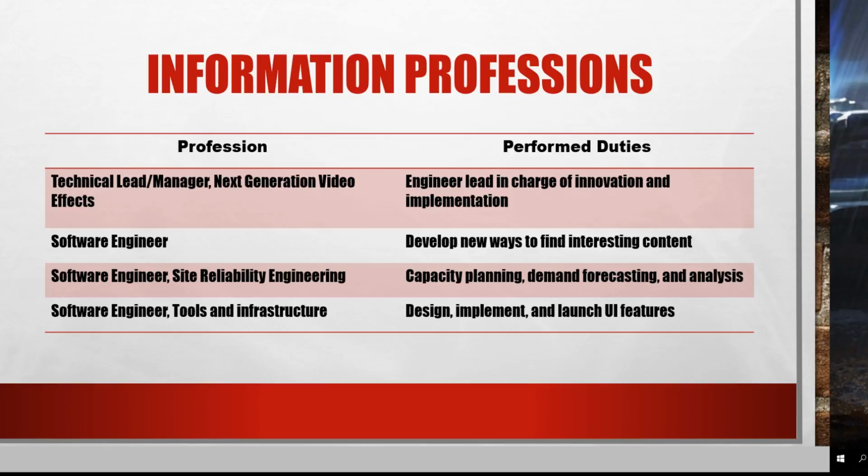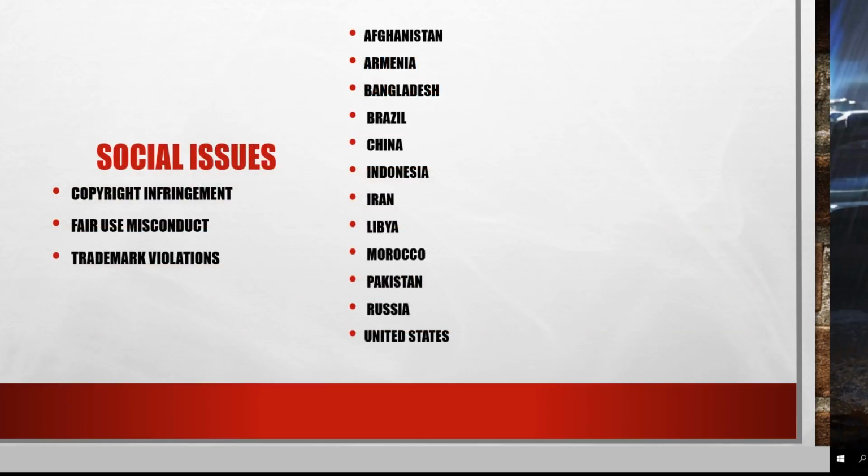Now, what are some of the social issues that are impacting YouTube? Well, what impacts the community, I believe, the most are these three: copyright infringement, fair use misconduct, and trademark violations.